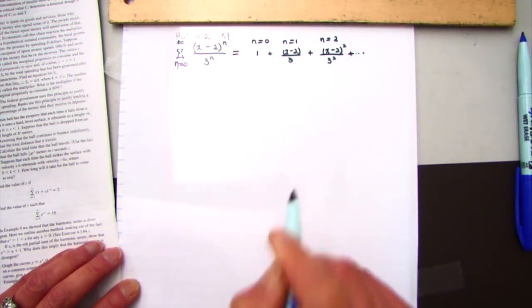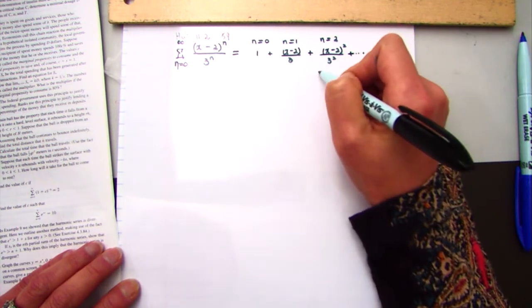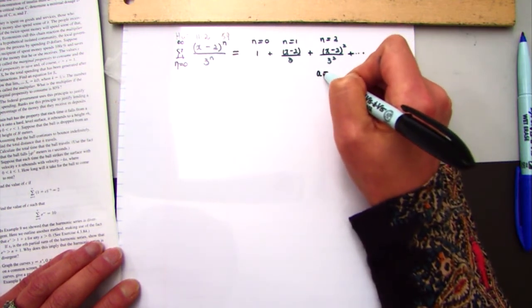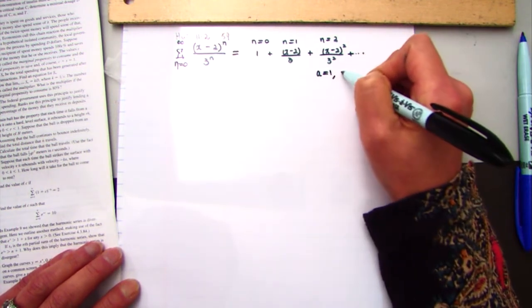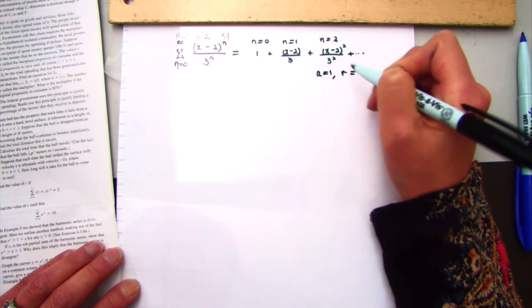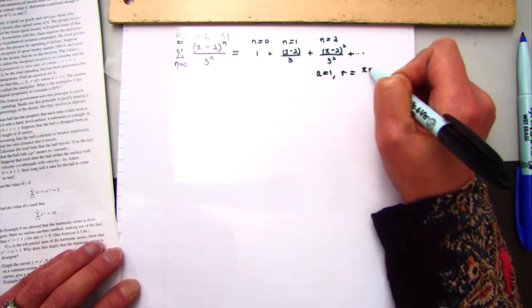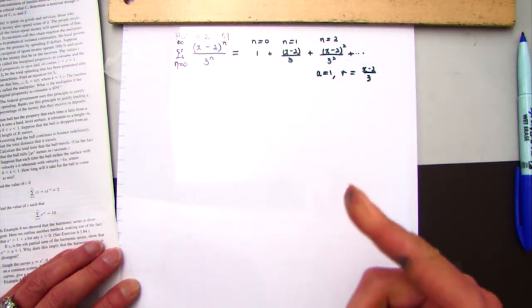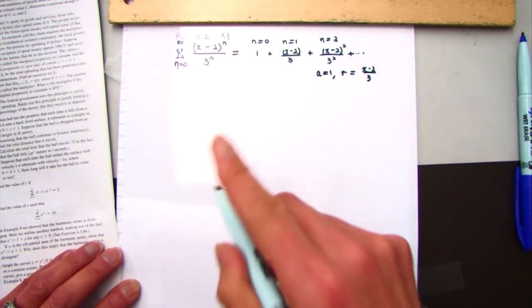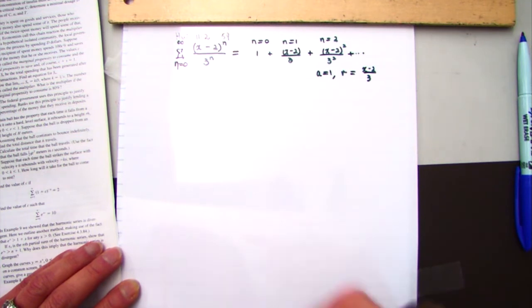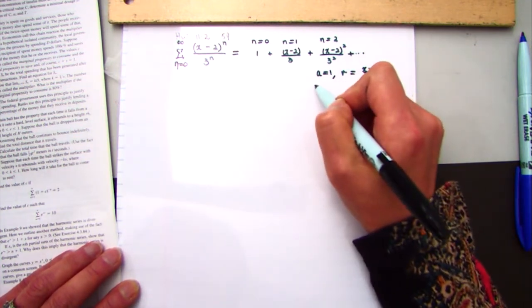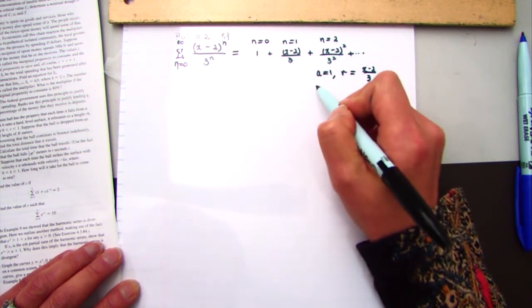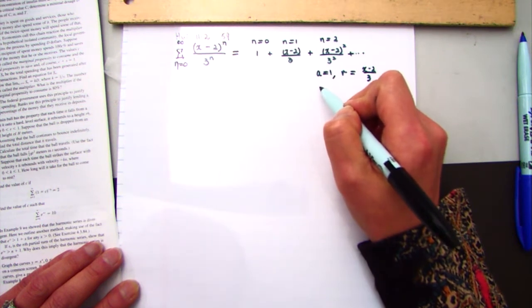Writing this out helps me to identify the leading term is 1. I will need it a little bit later. And the ratio equals. Right. Let's set it up to find out where this power series converges. Okay. Here we go. So this is a geometric series with a constant ratio.